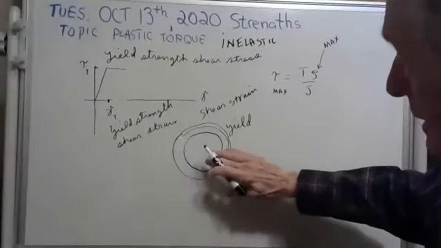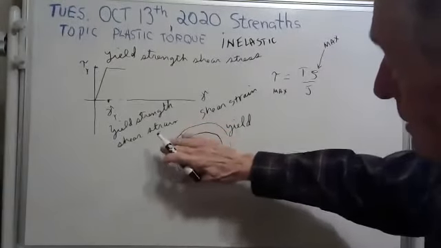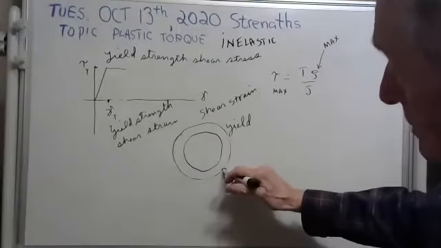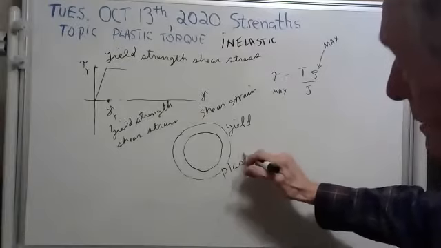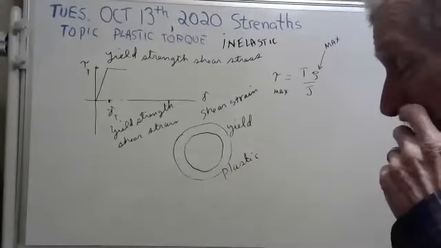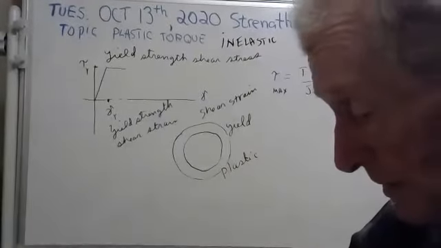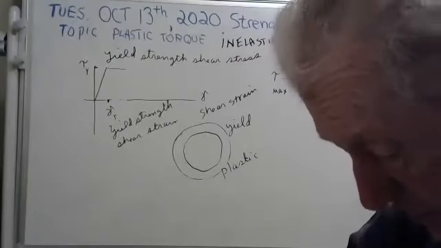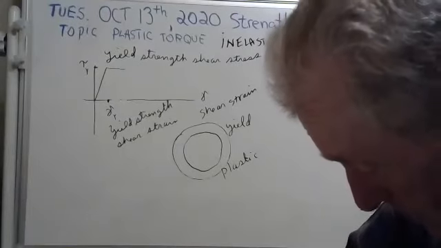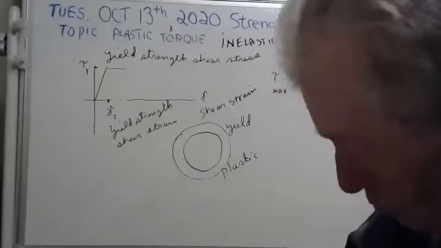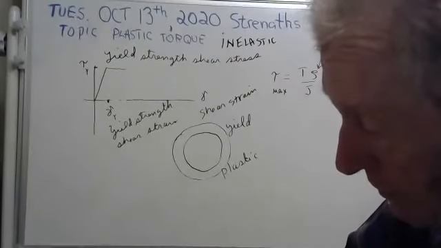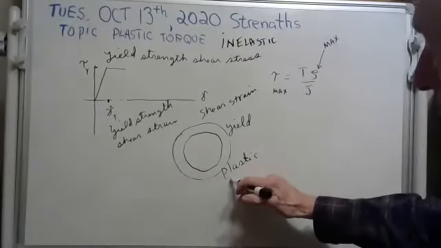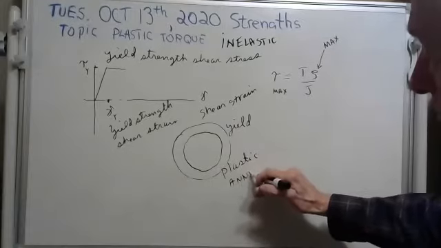In fact, they have a name for it. Okay, now I'm having senior moments. Just a minute. Let me think of the name of this stuff. Yeah, it's called the plastic annulus.